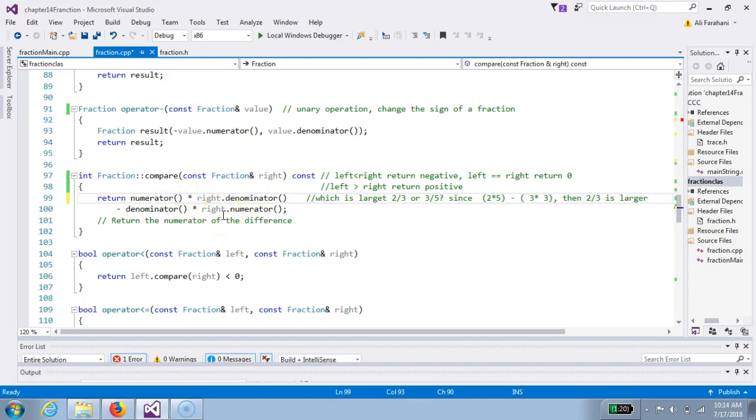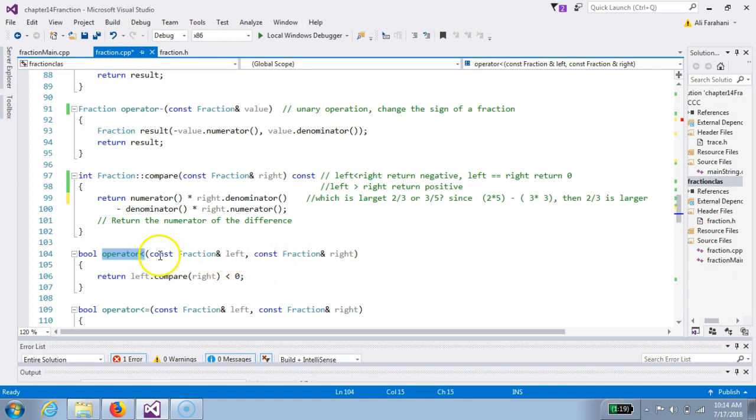With that subtraction, the result is either positive, negative, or 0. And that will tell you which one is larger. So this is compare. Now, once you define compare, then you can overload the less than operator, which is what you want to implement here.